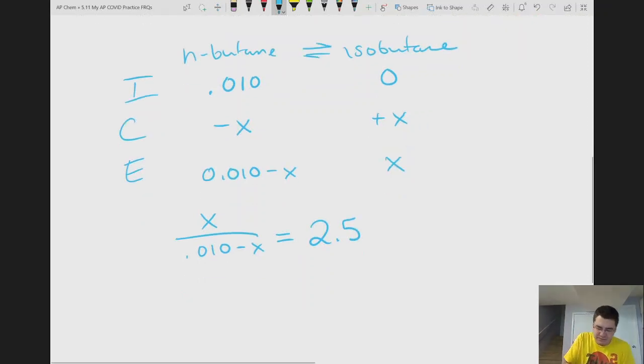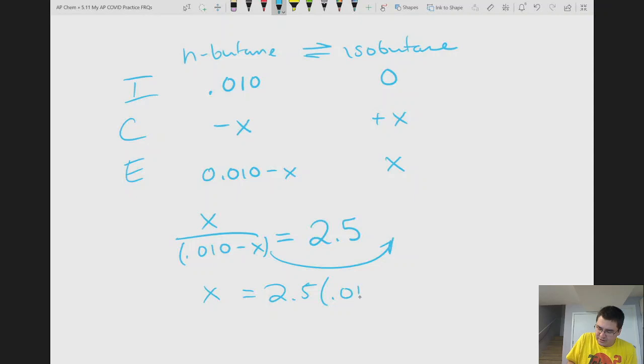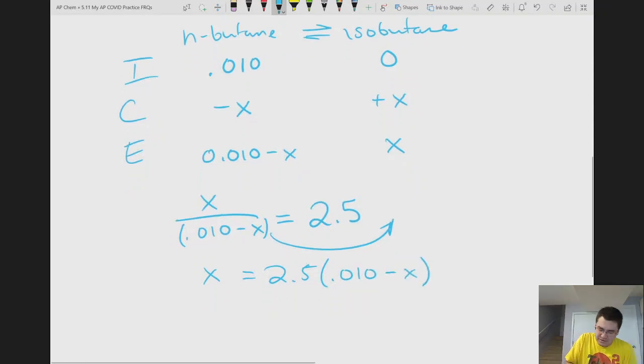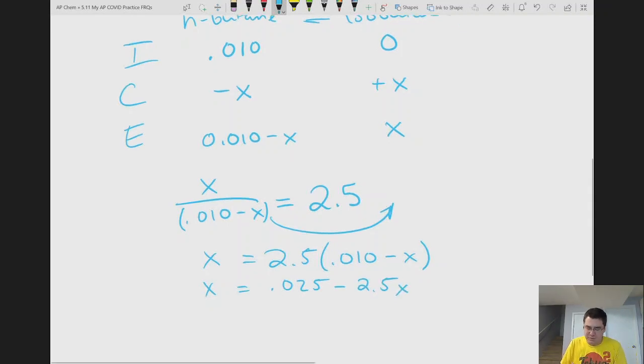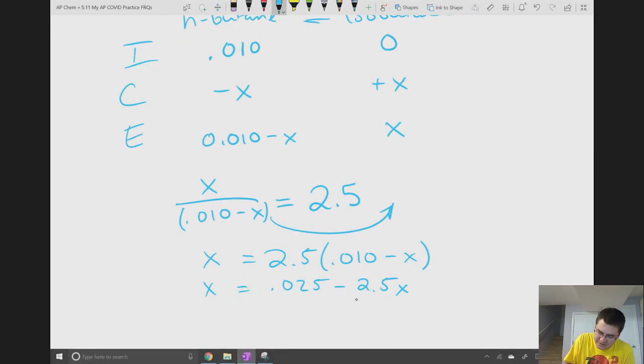So you guys could solve this one algebraically. You guys okay if I flip that up? So I get 2.5 times 0.010 minus x. I have to distribute: x equals 0.025 minus 2.5x. So I've just distributed the 2.5 in there. And then I'm going to add 2.5x to the other side.